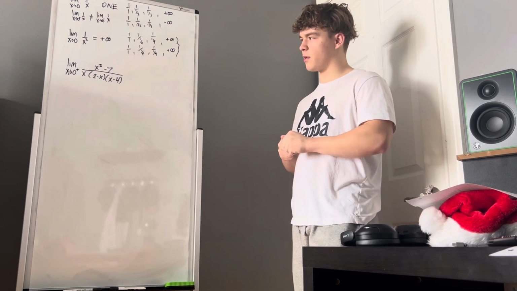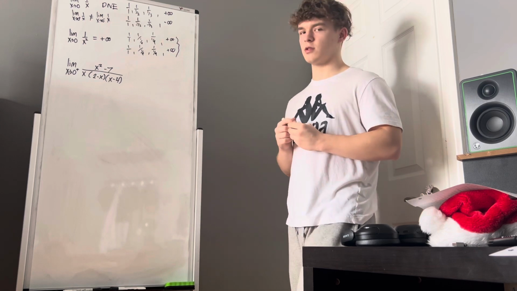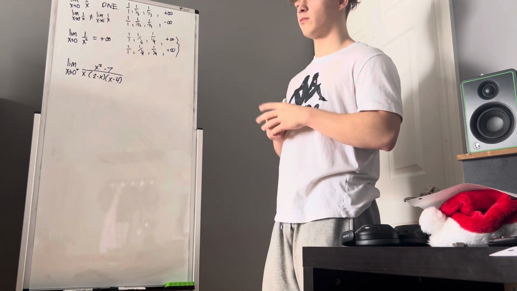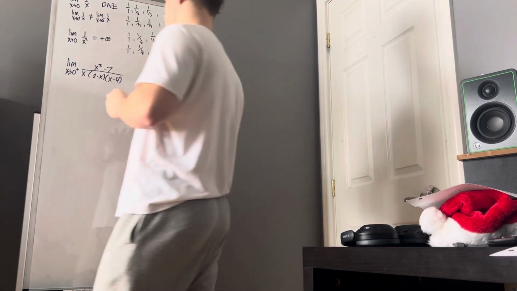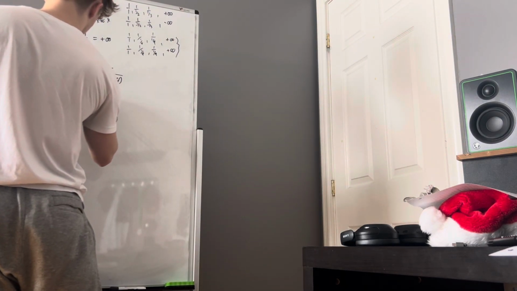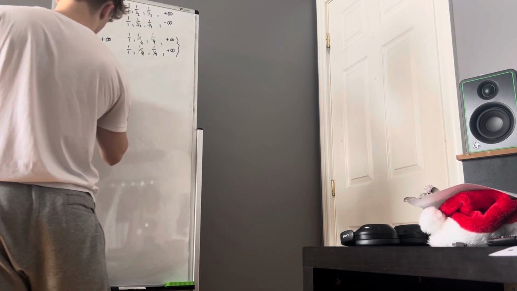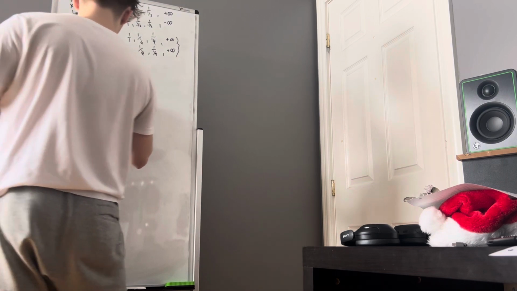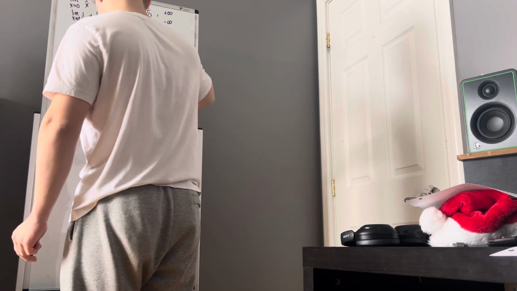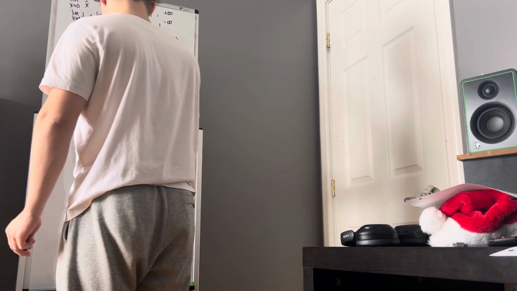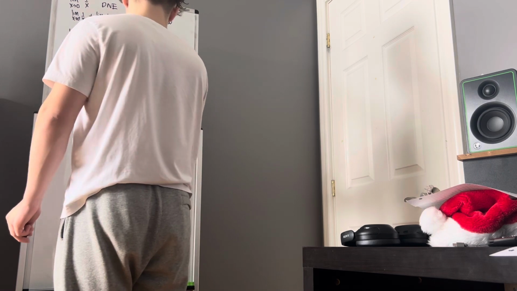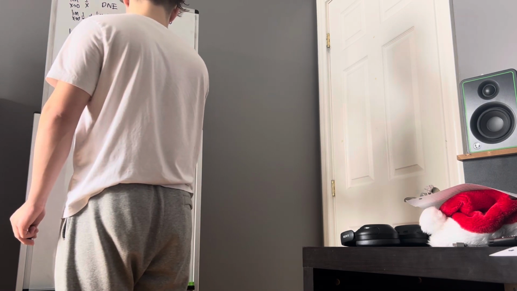So what we're going to use is the product law, sorry, not the power law. And we're going to get the limit as x approaches 0 from the positive of 1 over x times 2 minus x times x minus 4 over x squared minus 7.